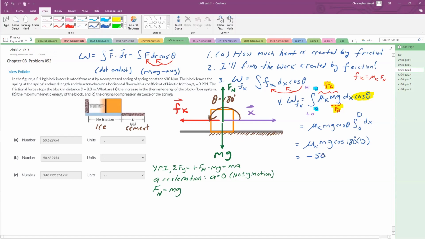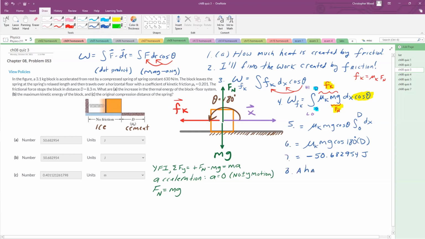And to be honest, here's a helpful little sidebar conversation. Friction always does negative work. Friction is always trying to steal energy. Kinetic friction never adds energy. So I'll say 4, 5, 6, 7, 8.